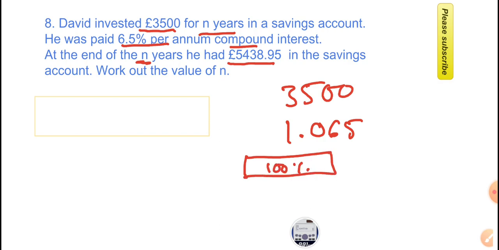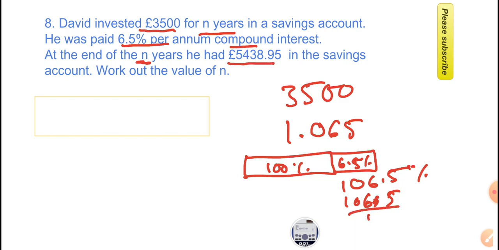Then you get another 6.5%. So when you add the two together, that's 106.5%. And to convert a percentage into a decimal, we do 106.5 divided by 100, and we get 1.065. So that's the decimal multiplier.